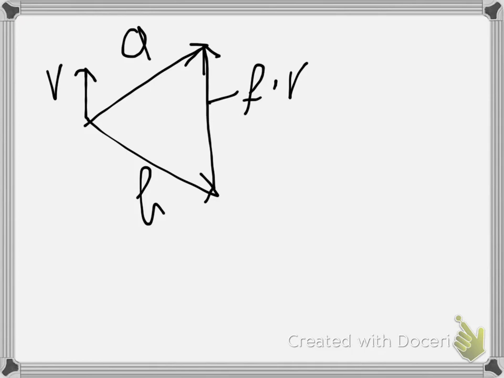Remember that this axis and this vector, they are parallel. And now remember that V is a unit vector, so its norm is 1.